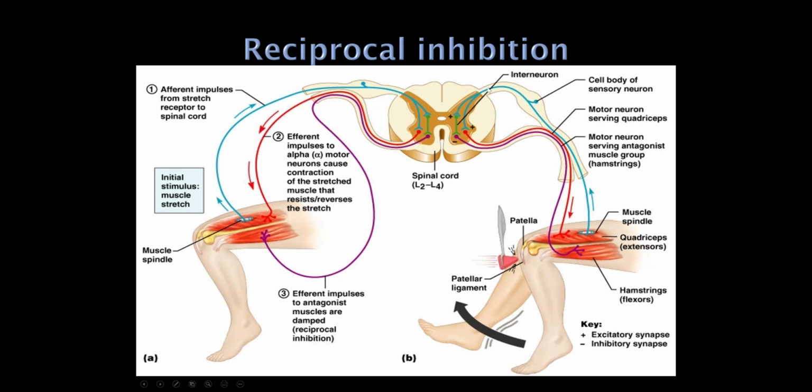But via an interneuron, you also activate an anterior horn cell that will inhibit the hamstring muscles. So that's called reciprocal inhibition. You activate the agonist, in this case the quadriceps, you inhibit the antagonist, in this case the hamstrings.